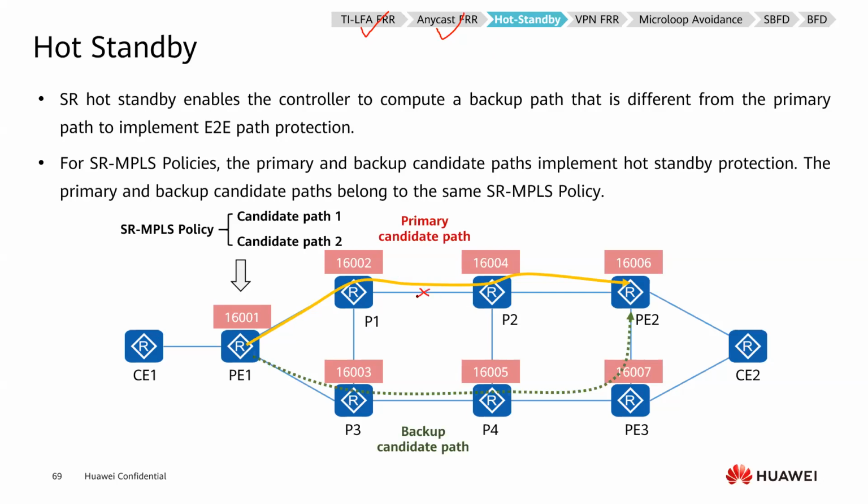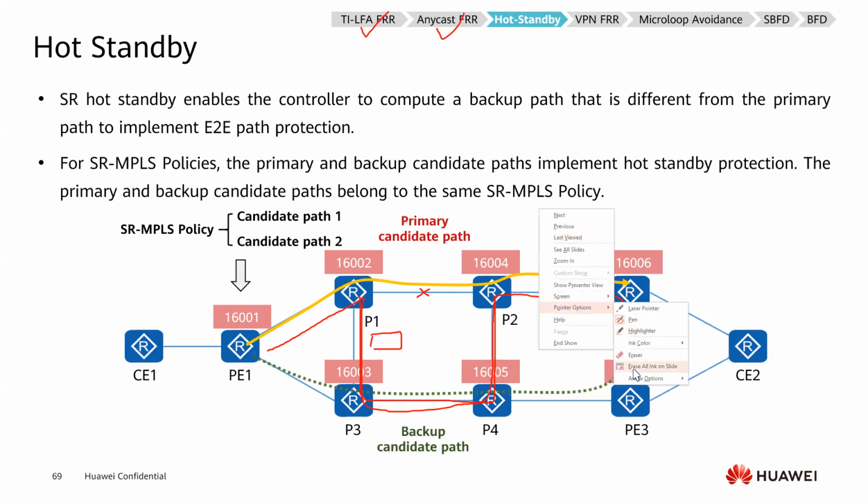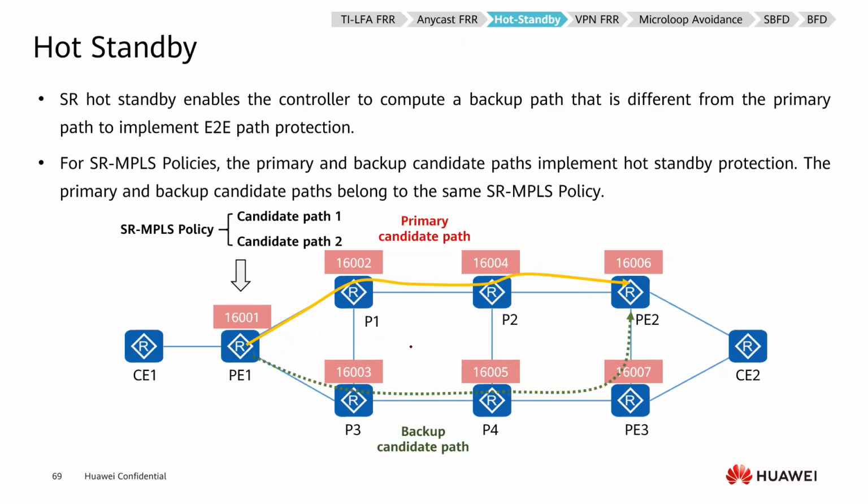I need to say this again: TI-RFA, those kinds of FRR, they bypass the failure, but this is just a temporary way. Because when they bypass it, they actually need to add extra labels inside to guide the traffic from here to here. So this is not a long-term way to do it. Eventually they will choose a backup path, an end-to-end backup path from here to here, going to the destination.